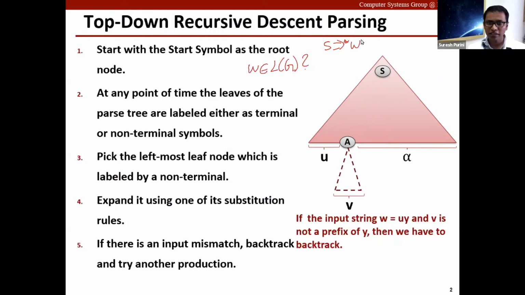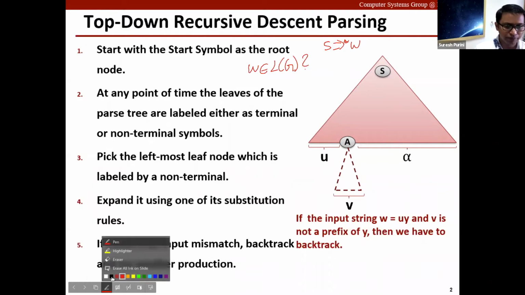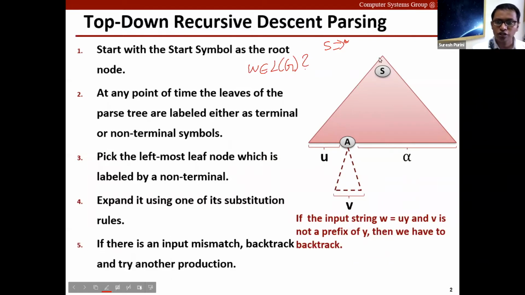And what is this process of derivation? So in terms of parse tree, we start with S and we keep expanding the parse tree. Starting from start symbol S, so far we are able to generate this intermediate left sentential form.